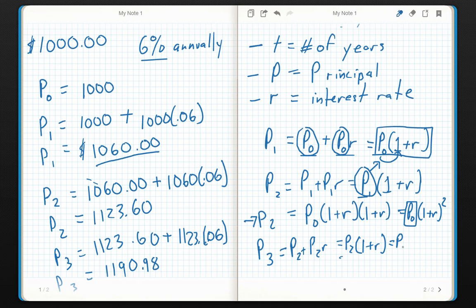So we've got P0 times 1 plus R squared times 1 plus R again. So P3 is equal to P0 times 1 plus R to the third power. That rule will always apply.